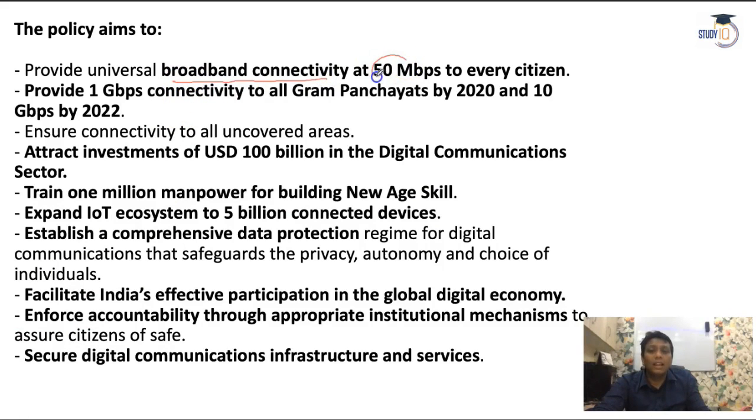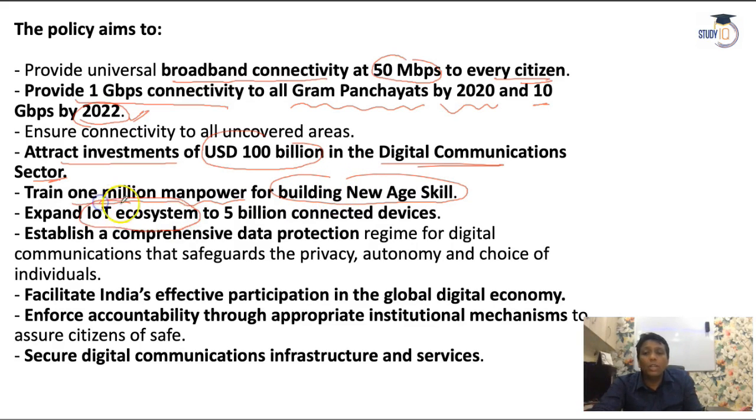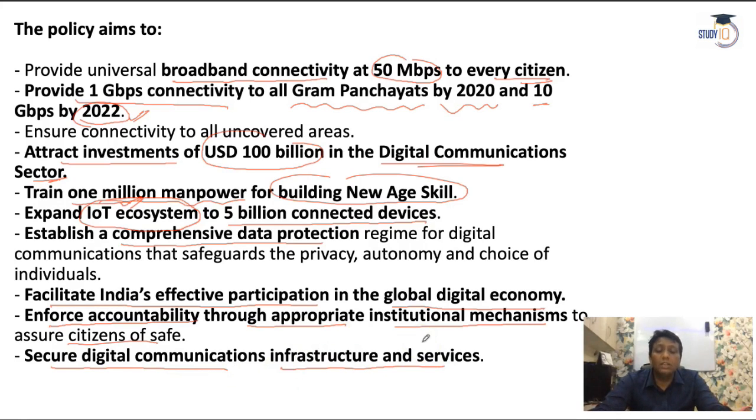Broadband connectivity of at least 50 Mbps for every citizen; 1 Gbps connectivity to all Gram Panchayats by 2020 and 10 Gbps by 2022; attracting investment of $100 billion in the digital communication sector; training 1 million manpower to build new-age skills in the communication sector; expanding the IoT, Internet of Things, ecosystem to 5 billion connected devices; establishing a comprehensive data protection regime for privacy; facilitating India's effective participation in the global digital economy; enforcing accountability through appropriate institutional mechanisms to assure citizens of safety; and securing digital communication infrastructure and services. So these are the policy aims.